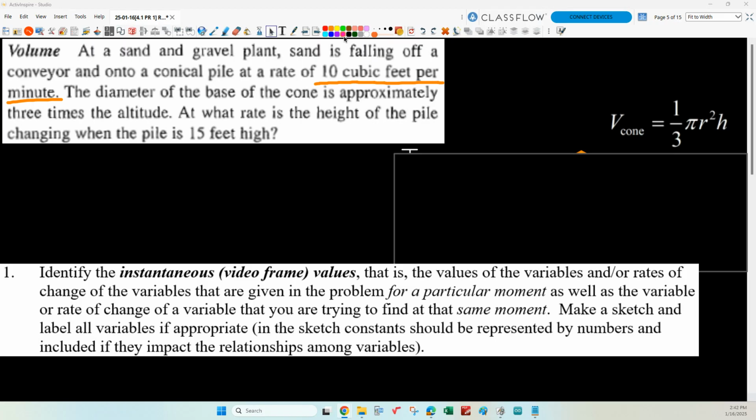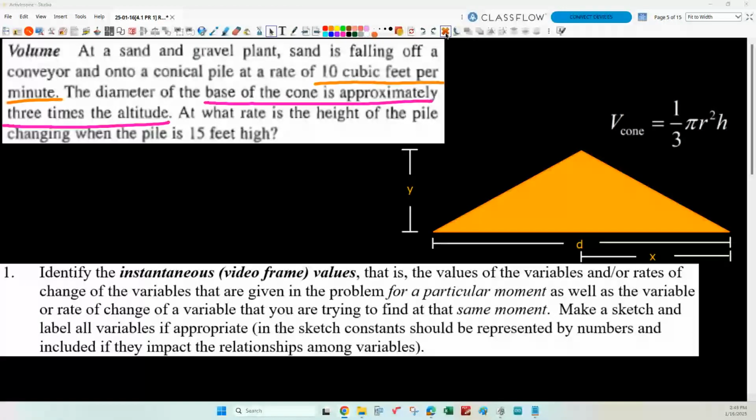The base of the cone is approximately 3 times the altitude. So that means that 2r is the base, right? 2r is 3 times the altitude. It's easier to see in a picture. So here's a picture: there's the diameter, there's the altitude, y, or h, I guess it would be. We just want to come up with an equation that allows us to only write this in terms of h's.